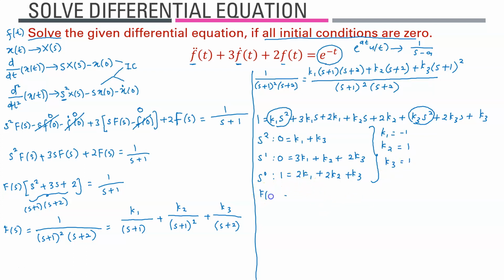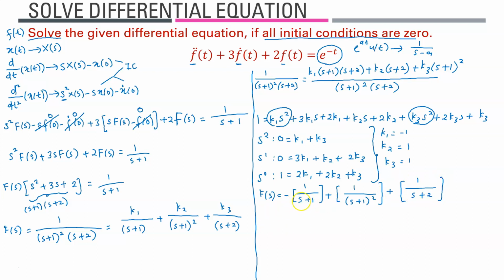So you will have F(s) equals minus 1 over s plus 1, plus k2 is 1, so you have 1 over (s plus 1) squared, plus, and again 1 over s plus 2.